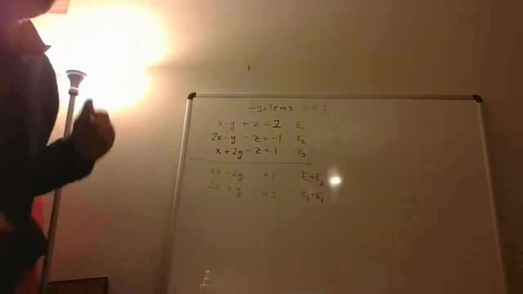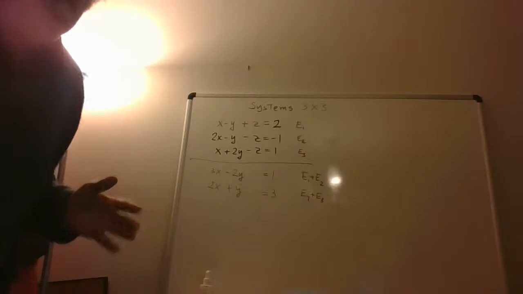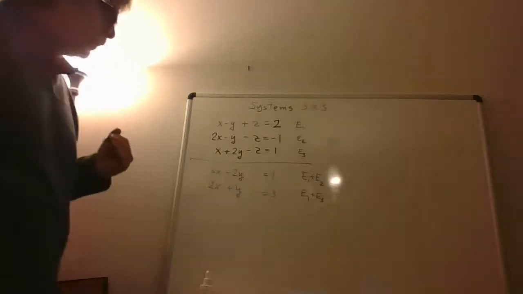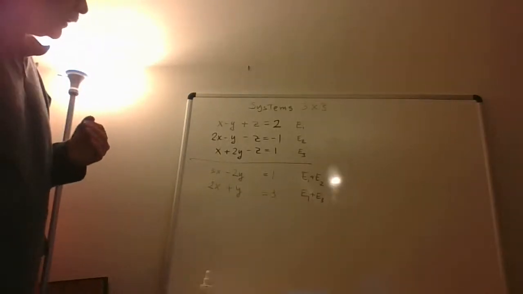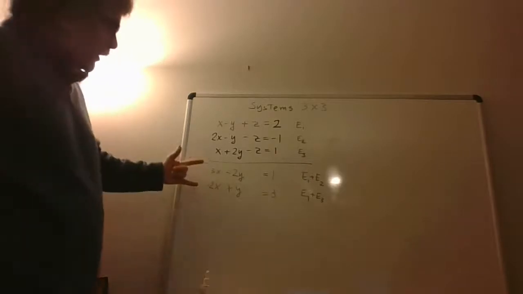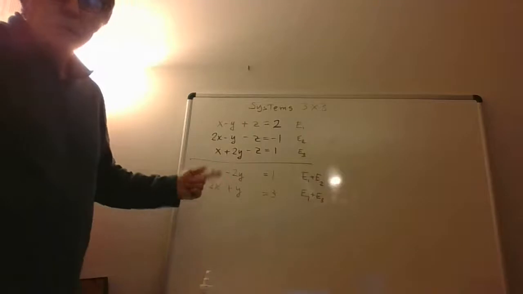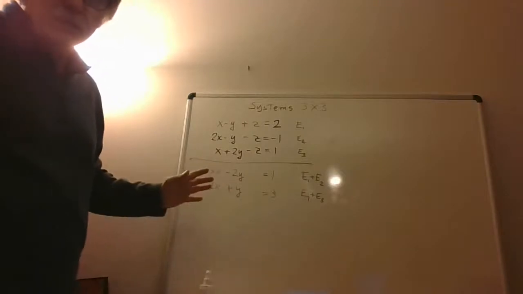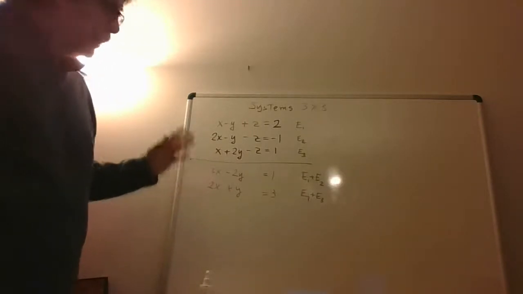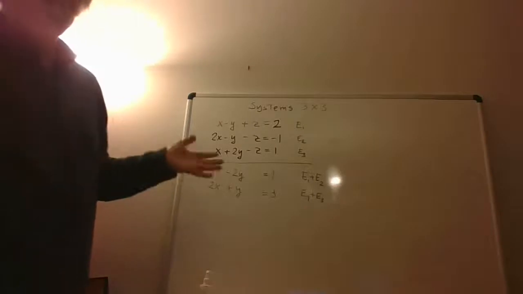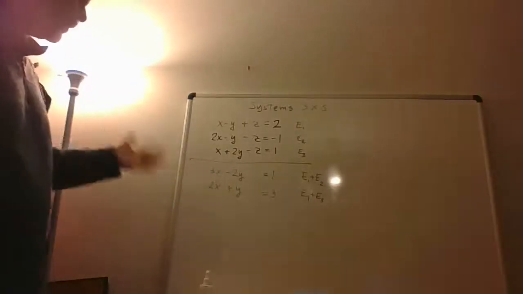Now you can see the major thing I have accomplished here. I have 2 equations in x and y, and z is gone. I don't have z anymore. This is a major thing that happened: I now have a 2 by 2 system.